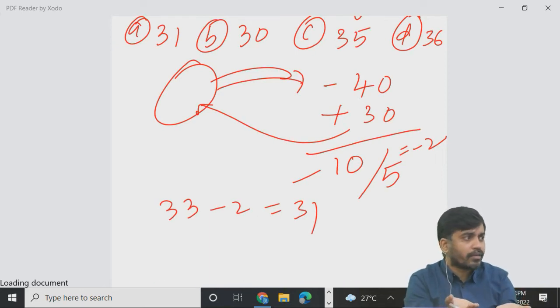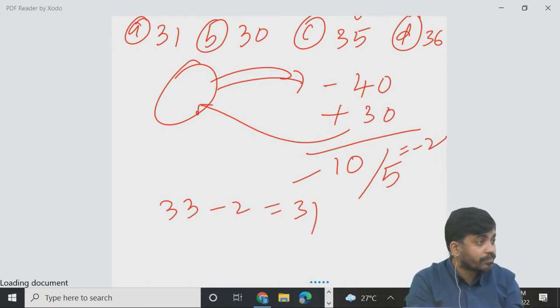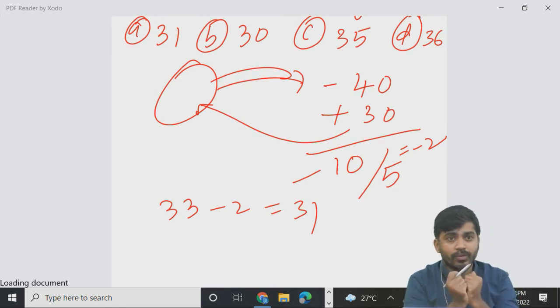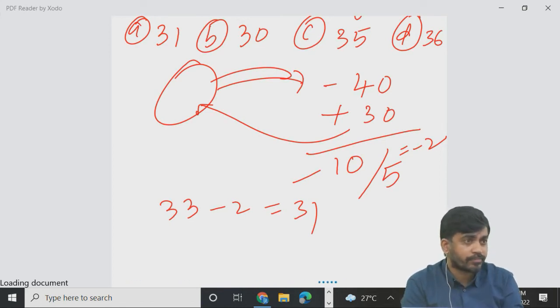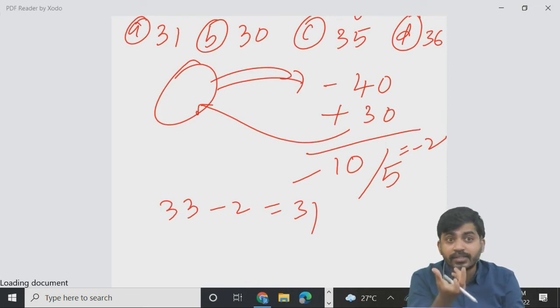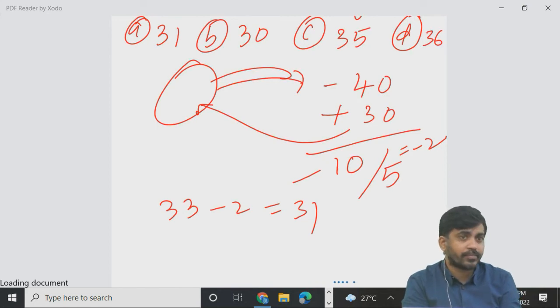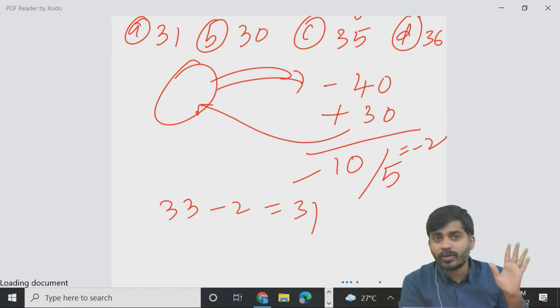Minus 40. Why minus 40? That person is removed. So minus 40. A 30 year old person is added, so plus 30. What is the net change? Minus 10. That should be divided equally for all the members. There are only 5 members in the group.